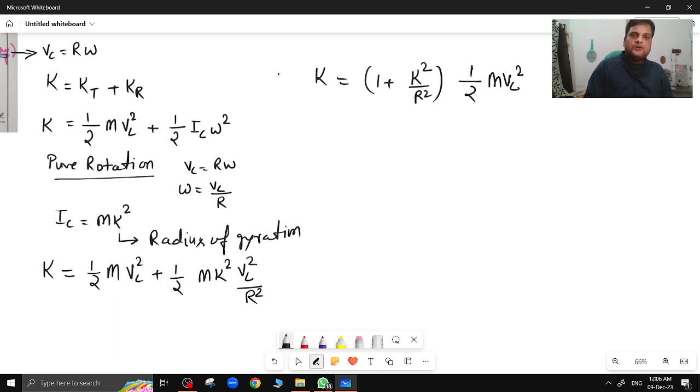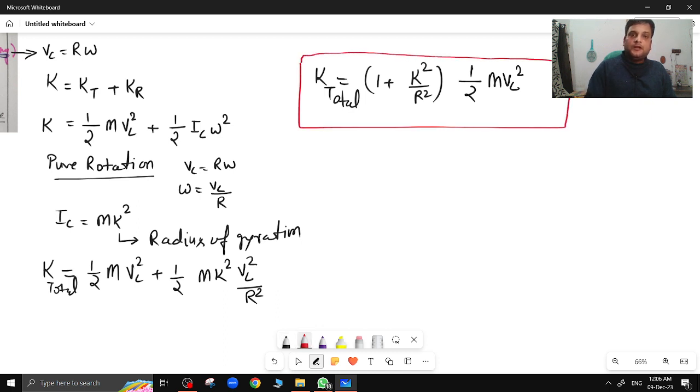K total, you must write K total, right? K total is half m Vc square into 1 plus k square by R square. This is the formula to calculate the K total, right?